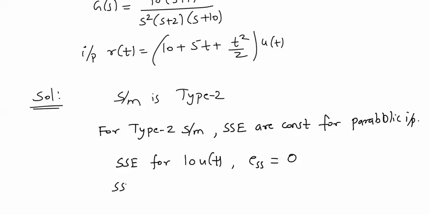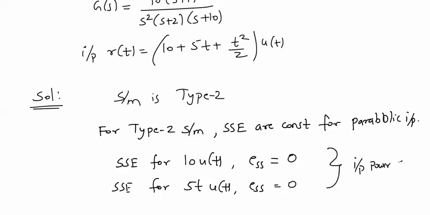Next, steady state error for 5t into u of t. So for this ESS is again 0, because again in both the cases input power is less than type.